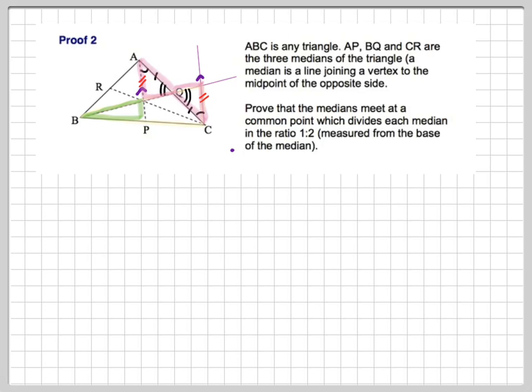And if you remember what we said earlier, that the green triangle was similar to the yellow triangle, but there was an enlargement factor of 2, then we should be able to see that this length over here, let me put another letter on, hang on, where are we up to?